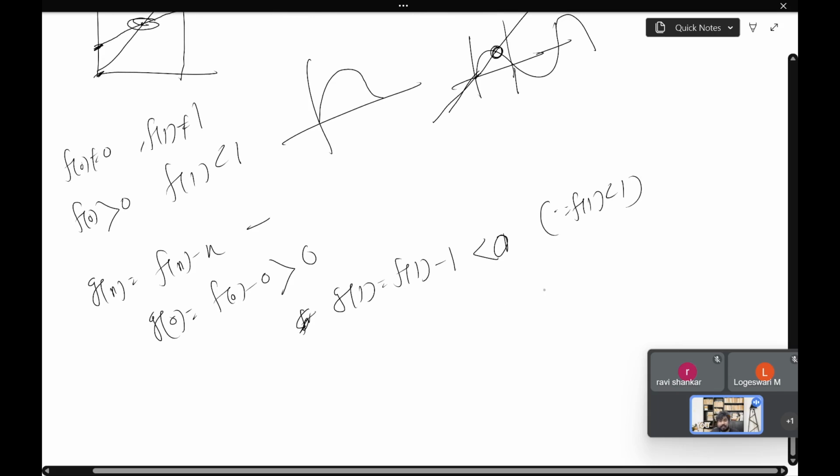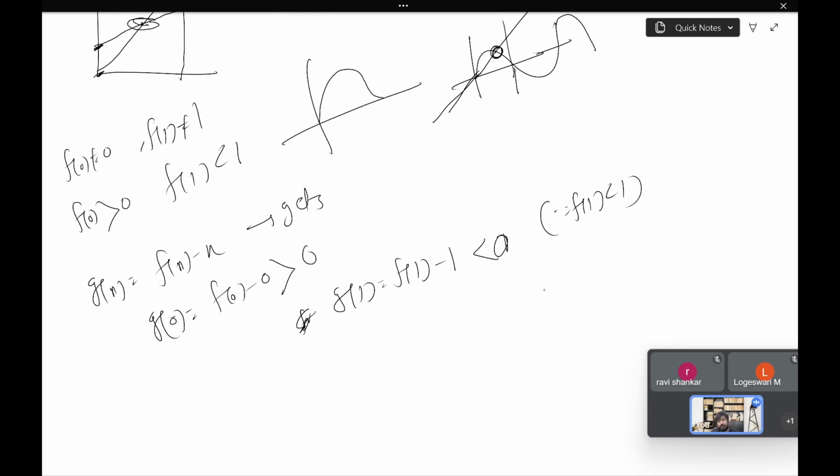Now observe that g is a continuous function, and at some point its value is greater than 0, and at another point its value is less than 0. So in between there will be a point x0 such that g(x0) is equal to 0, correct? And this implies f(x0) is equal to x0. Understand?